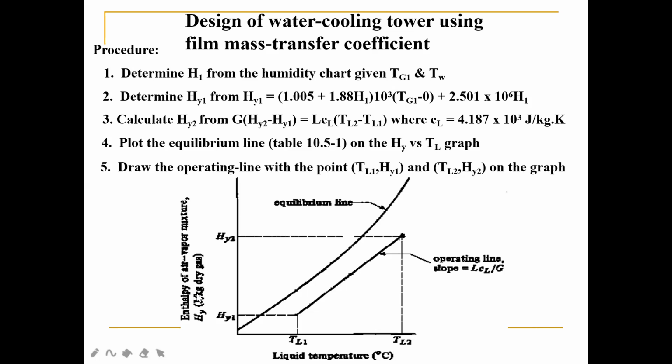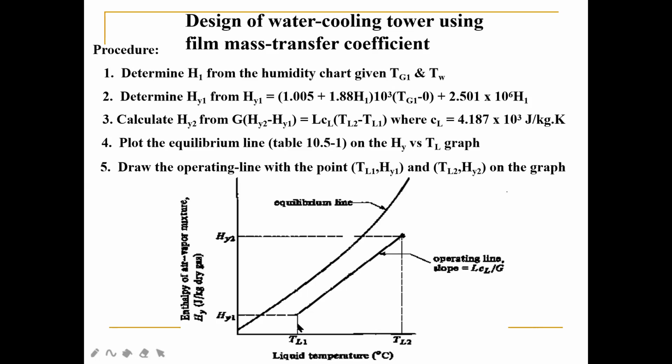Okay, this is a graph of enthalpy of air water vapor mixture on the y-axis, and you have the liquid temperature on the x-axis. Okay, so TL2 being the initial temperature of the water that comes into your cooling tower, and TL1 is the target temperature.